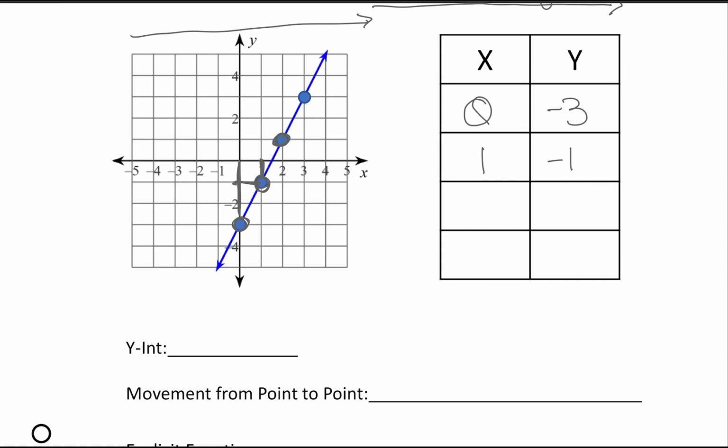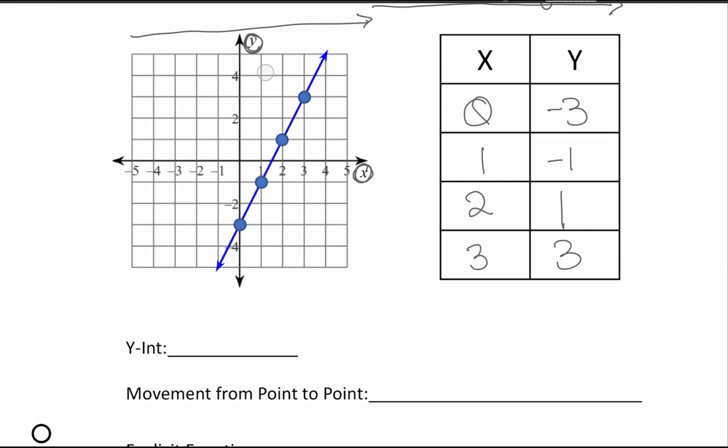With our next point, our x value is 2, and I know to look there because this is my x-axis. That will give me my x values. I know to look at this bold up and down line because it's my y-axis, which has all my y values, and in this case it's a 1. Our next point, the x value is 3, the y value is also 3, okay?